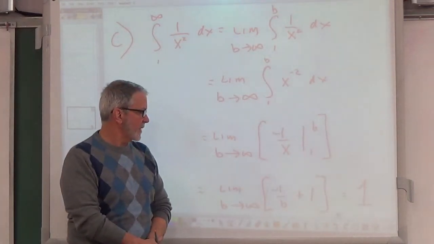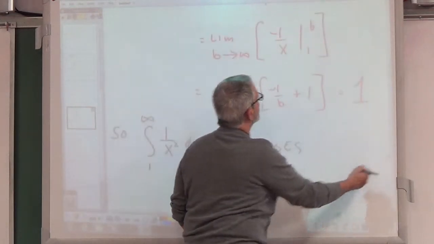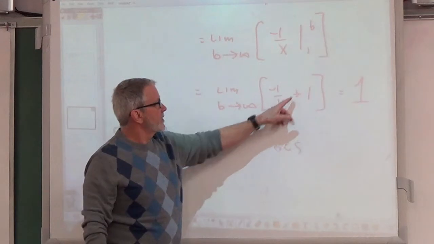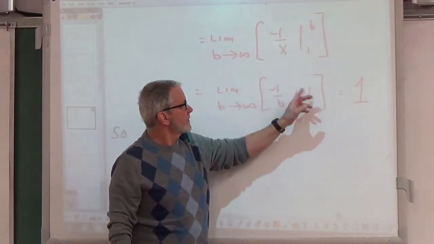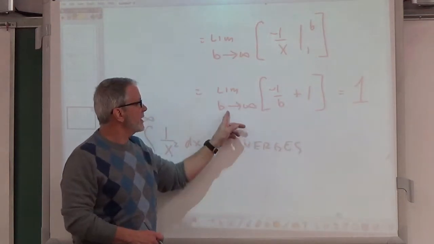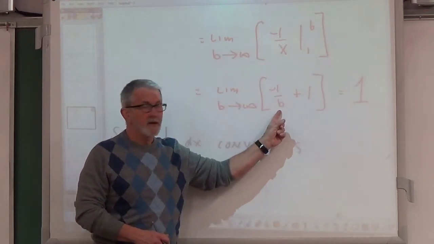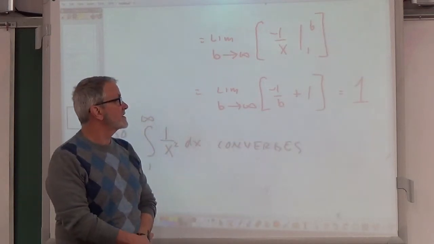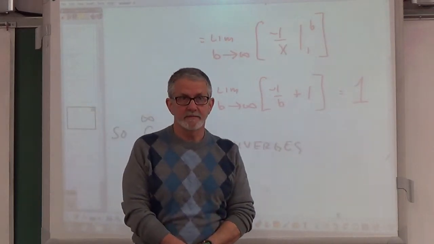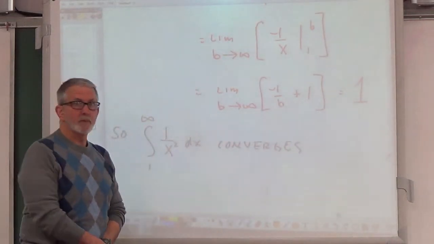Fundamental theorem of calculus right there. And what do I have? This is going to be negative 1 over b plus 1. Minus negative makes that a plus. And as b goes to infinity, negative 1 over b goes to 0, and 0 plus 1 is 1. And what does that tell us with respect to the improper integral?